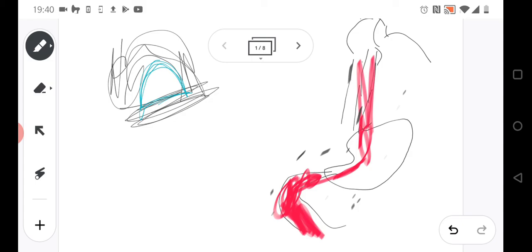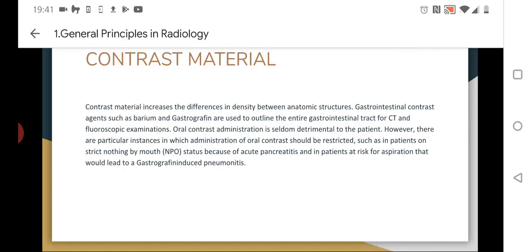Or theoretically speaking, on RTG also. It doesn't matter. The iodine contrast medium would work as well on the CT scan or RTG, because it creates this difference in densities. The X-rays would be stopped by it, and you would see where those vessels are in the body. This is the idea behind the contrast medium.